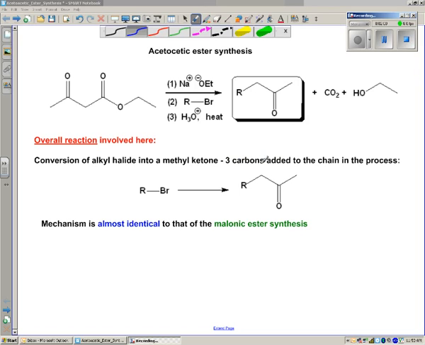Conversion of an alkyl halide into a methyl ketone, because these are particularly important functional groups, and in doing so, 3 carbons are added into the chain in the process. So if this carbon chain originally contains 3 carbons, the product will then contain 3, 4, 5, 6. All right. In terms of the mechanism, it's virtually identical to what we had in the malonic ester synthesis.